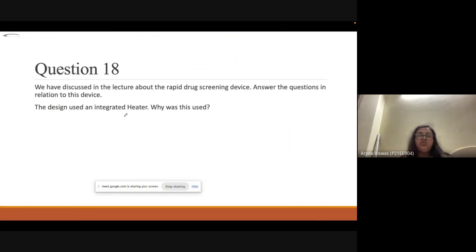Actually, they are asking why they use the integrated heater. Like what is the role of the heater? Okay, drug screening device. The design used an integrated heater. Why was this used?